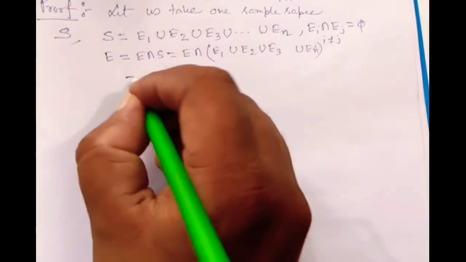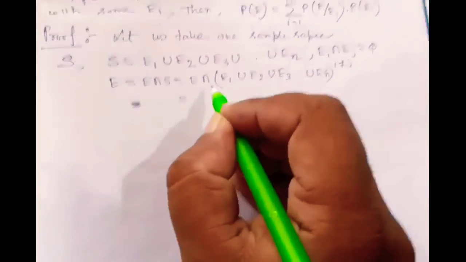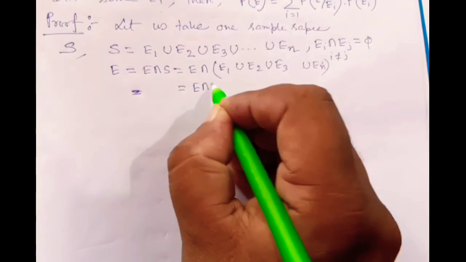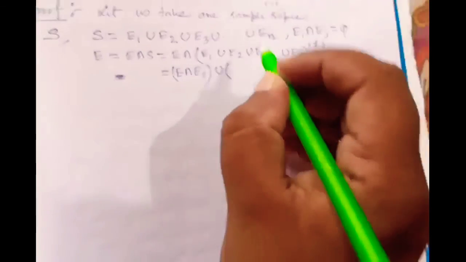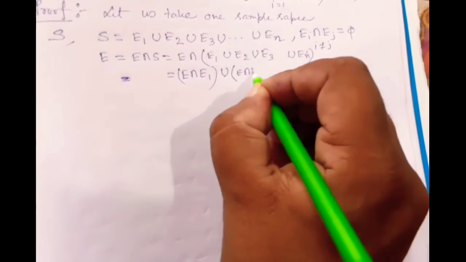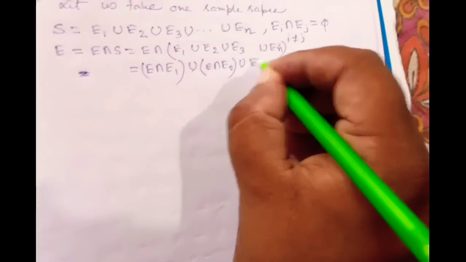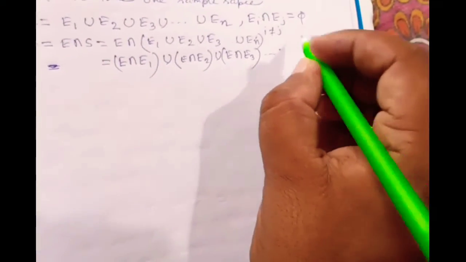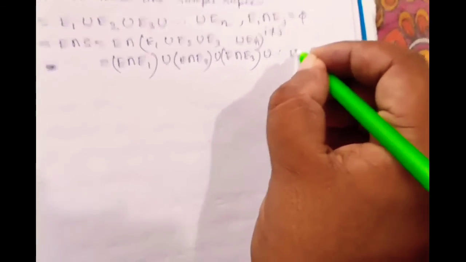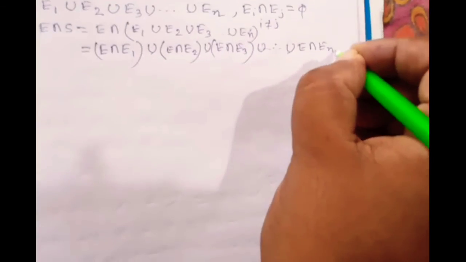Okay, so now we write this equals (E intersection E1) union (E intersection E2) union (E intersection E3) ... union (E intersection En).